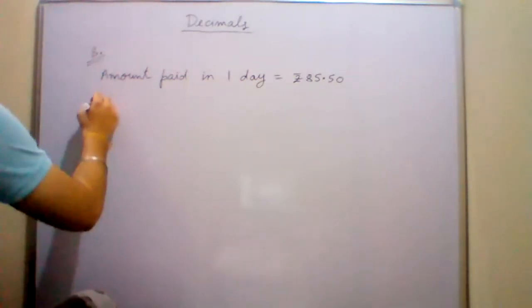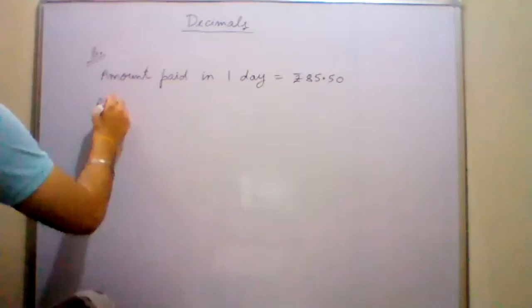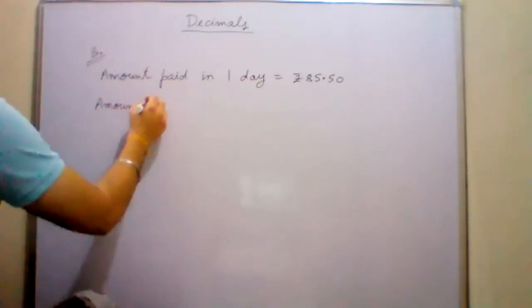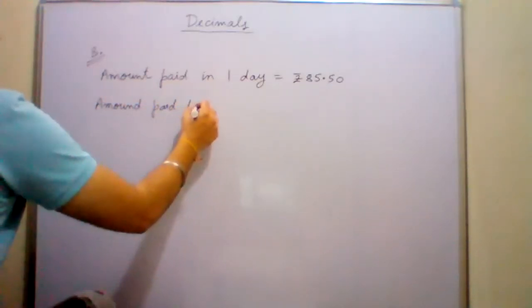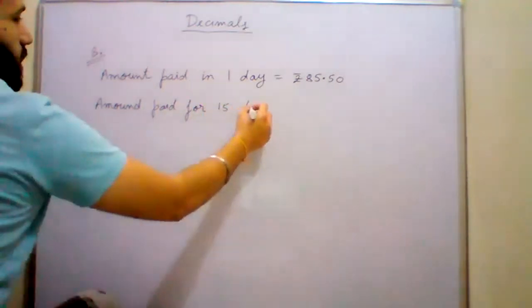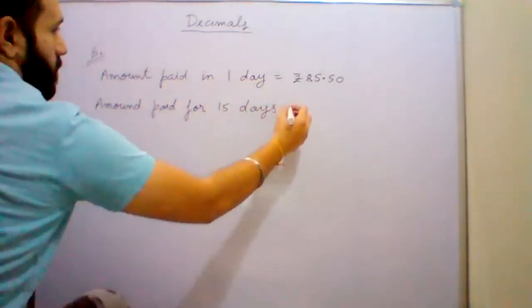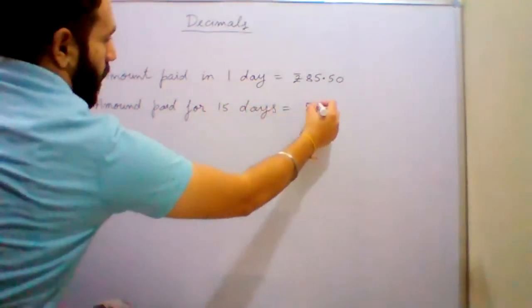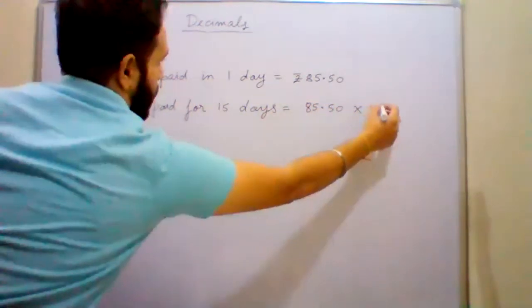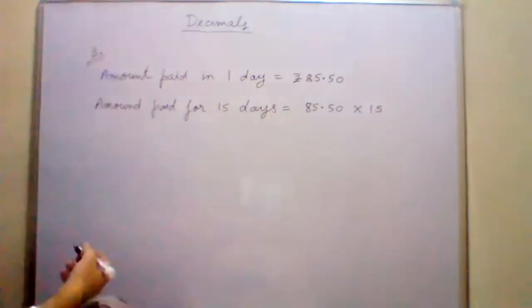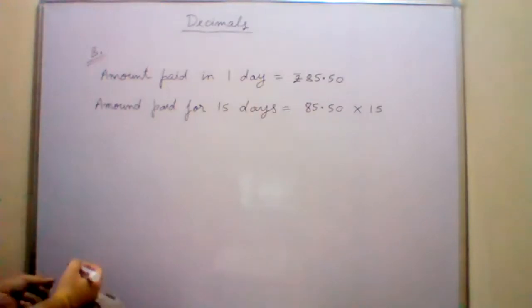So amount paid for 15 days, 85.50 into 15. Multiply by 15.